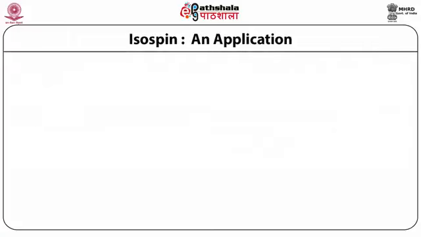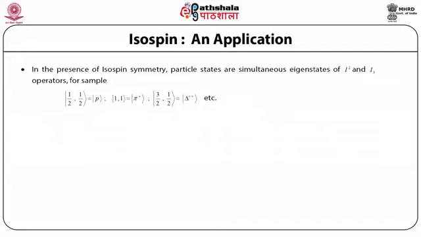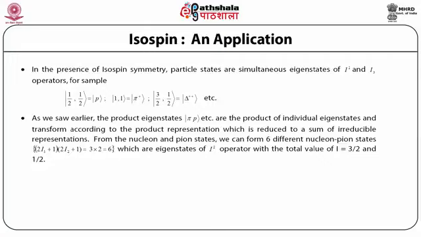So, if isospin is a good symmetry, then in the presence of isospin symmetry, the particle states are simultaneously eigenstates of I square and I3. Just as if rotational symmetry is a good symmetry, the states can be represented as eigenstates simultaneously of J square and Jz. So in the same manner, if isospin is a good symmetry, then the particle states are simultaneous eigenstates of I square and I3 operators.